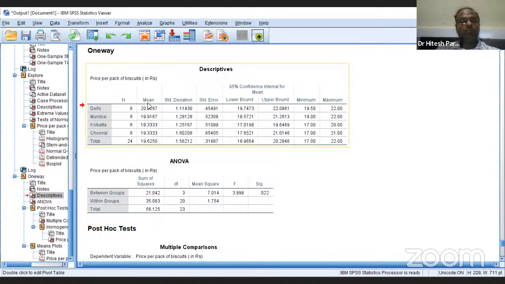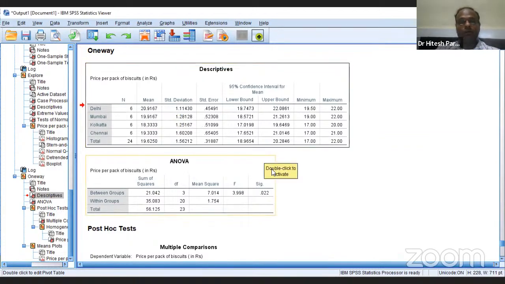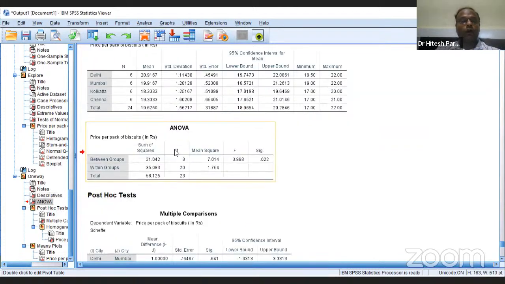If we look at the mean values, there is a slight variation among them, but is it significant? We need to check the ANOVA table. In the ANOVA table, every calculation is linked with the other. Sum of squares divided by df, degrees of freedom, gives you the mean square value. If you take the ratio 7.01 divided by 1.75, you will get the F value.